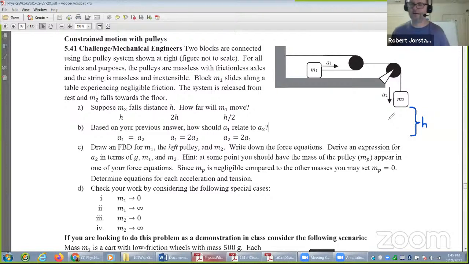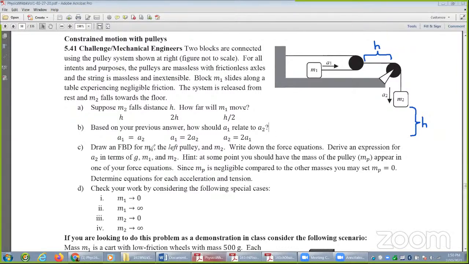That one moves distance h. That means this string goes distance h. So what's going to happen to M1? Do you think it will move distance h or something other than h?